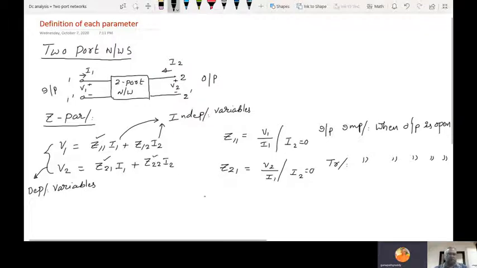Then we'll find Z22. Z22 is V2 by I2 when I1 equal to 0. So it is output impedance when input port is open.